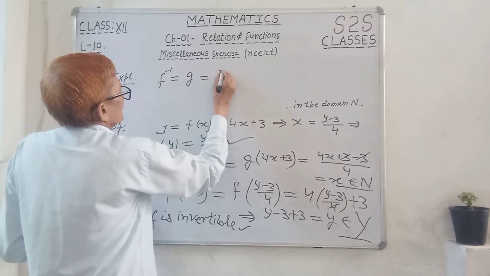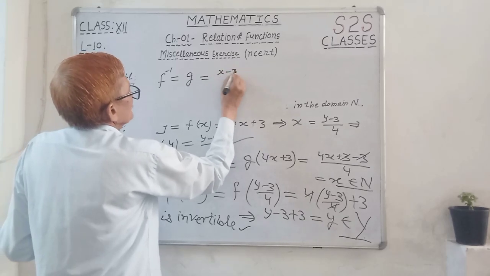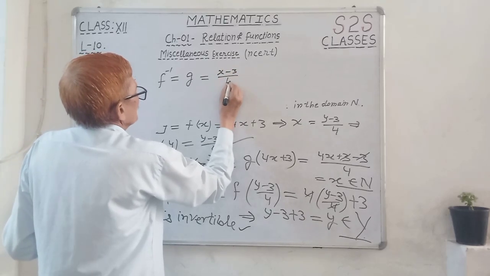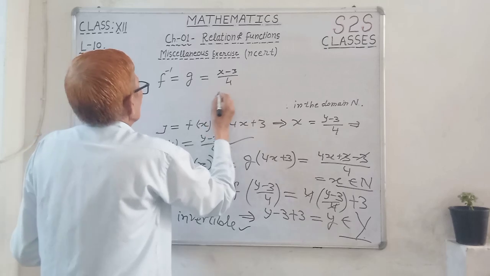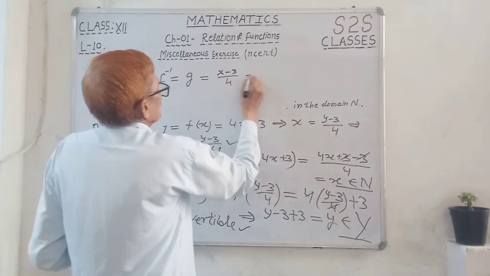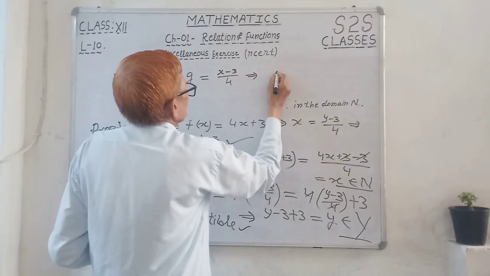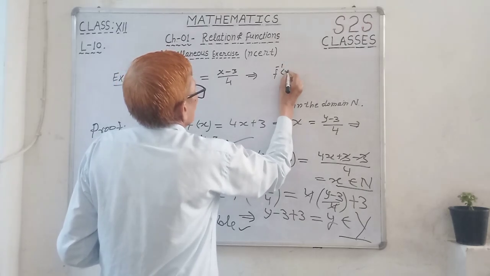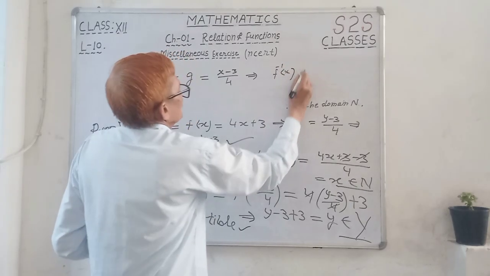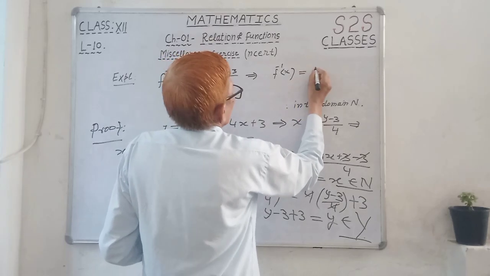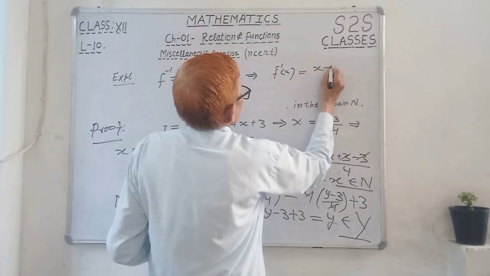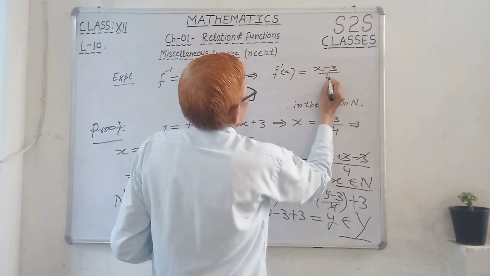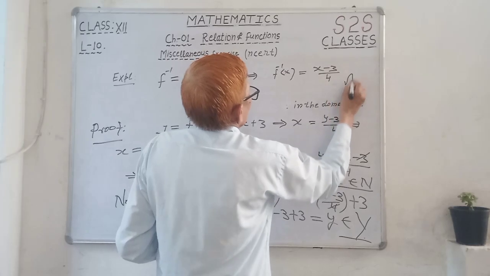Then in x it is asked, so (x minus 3) upon 4. This will be the g function, it will be the inverse. So this implies f inverse in x will be equal to (x minus 3) upon 4. Answer.